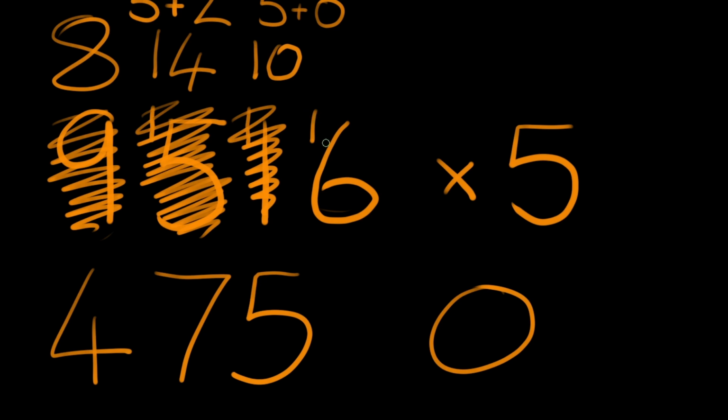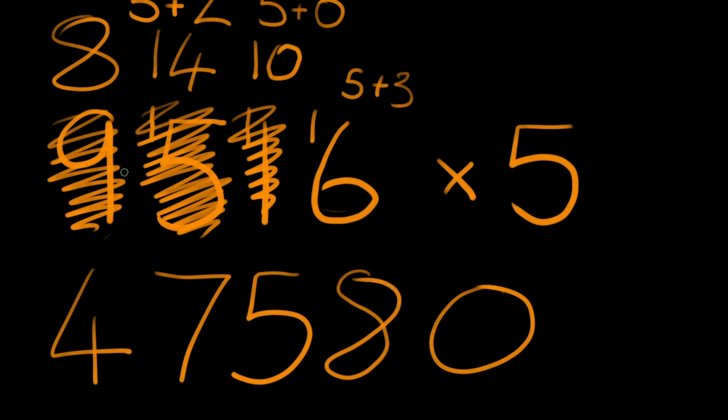We might know what half of 16 is, but if we didn't, let's use our 5 plus trick. It's going to be 5 plus half of 6, which is 3. And what's 5 plus 3? 8. So we pop an 8 down there, and we've got our answer.